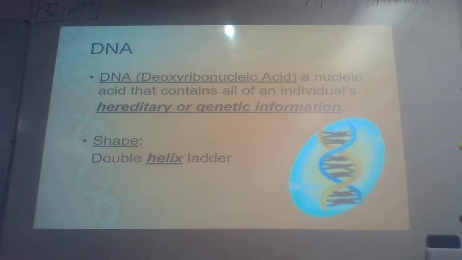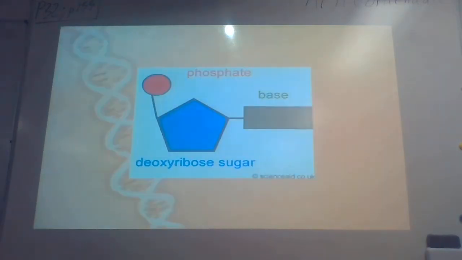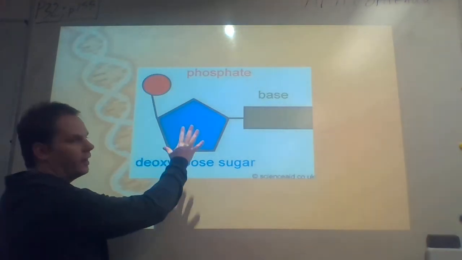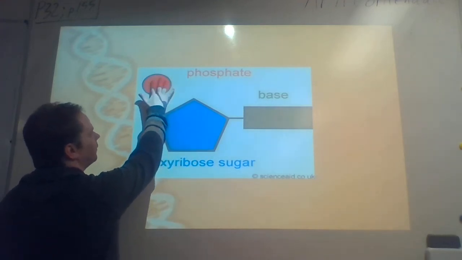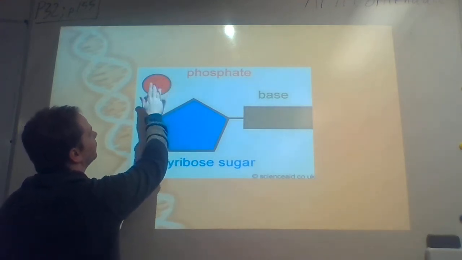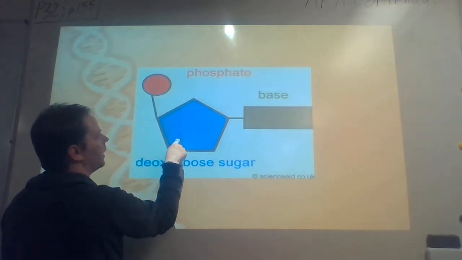that has been twisted. So the rails, the sides of the ladder, are composed of 2 things, and then the rungs of the ladder are composed of something else. So this would be a nucleotide. The phosphate group binds up here to another deoxyribose.